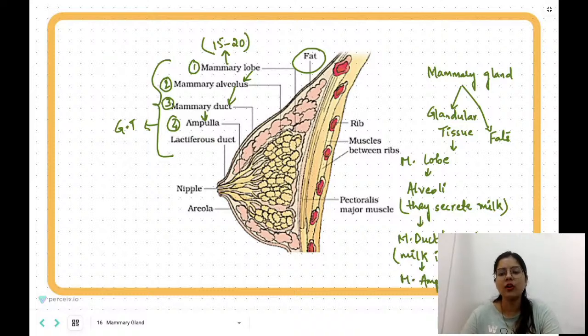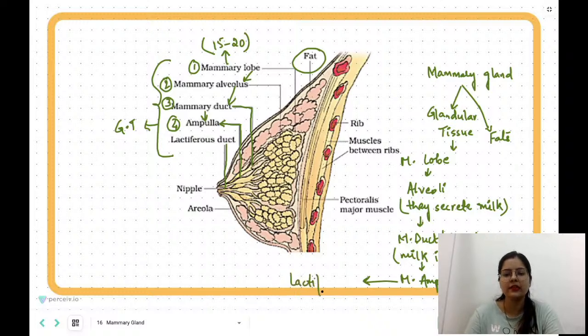That means you can see all the ducts and the tubules over here. So the mammary duct is over here. All the ducts and the tubules connect at a point called the mammary ampulla. And the mammary ampulla ultimately connects to a point called the lactiferous duct.